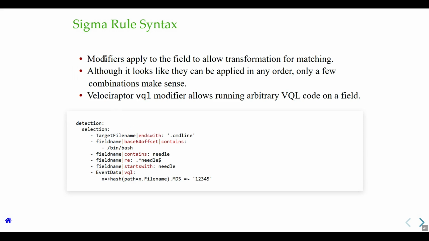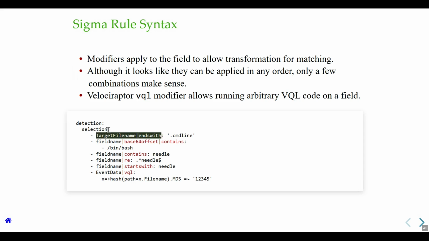The other interesting thing is that there is a thing called a modifier, which is something that applies to the field to modify it. It sounds like when you read the specification that you can put any kind of modifier together, but that's not actually the case. It doesn't make sense in a lot of cases to cascade them in an arbitrary way. Certain combinations make sense, other combinations don't.